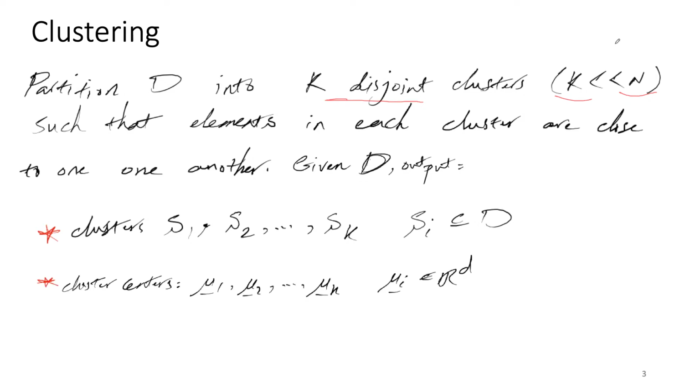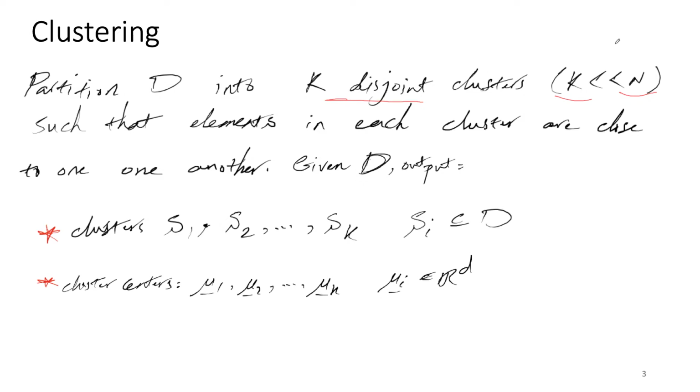We also output the cluster centers, which we denote by mu: the vectors mu1 up to muk, because each cluster has one center, and all these centers are also in the space R^d. Sometimes we call these cluster centers centroids, so you might see that in other texts.